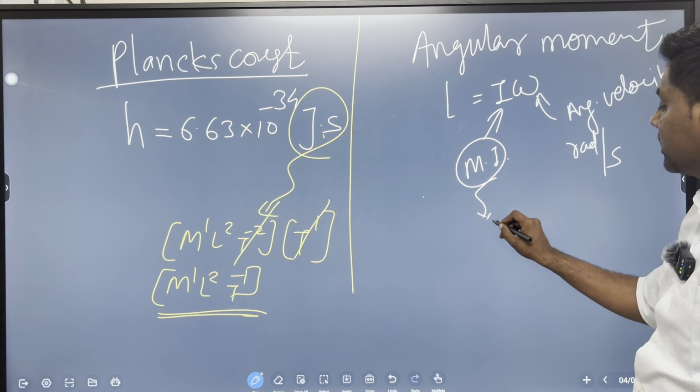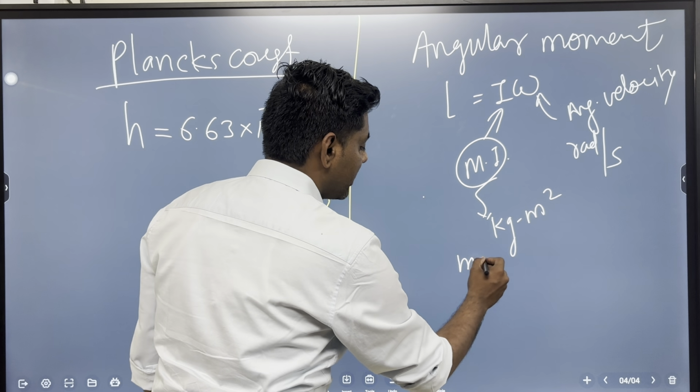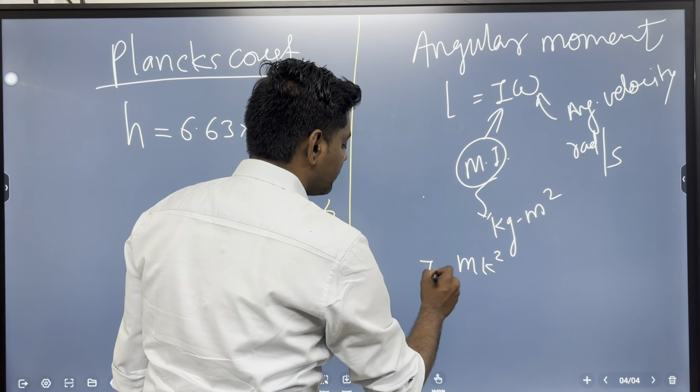Remember the formula of moment of inertia, very easy to remember: mass into radius of gyration squared, that is mk square. So whenever we solve the dimensional formula for angular momentum, it is the same as the dimensional formula for the Planck constant. Both physical quantities have the same dimensional formula.